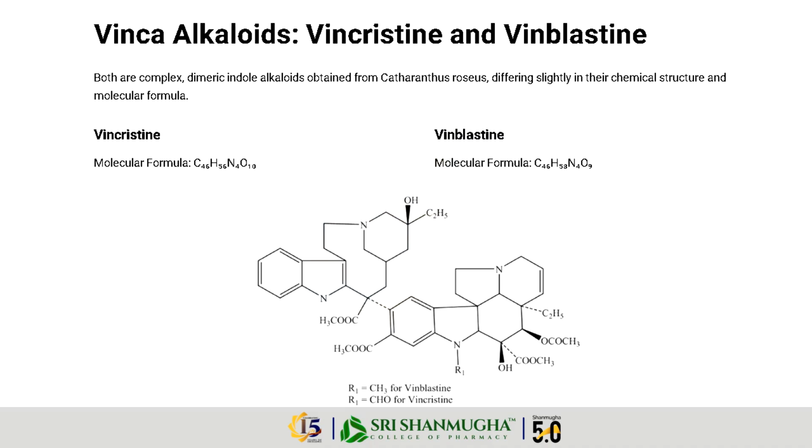Both are powerful mitotic inhibitors used in cancer chemotherapy. Vinblastine is used in Hodgkin lymphoma; vincristine in acute lymphoblastic leukemia. The structural difference, though small, significantly affects their clinical use and toxicity profile. Pay close attention to this question.